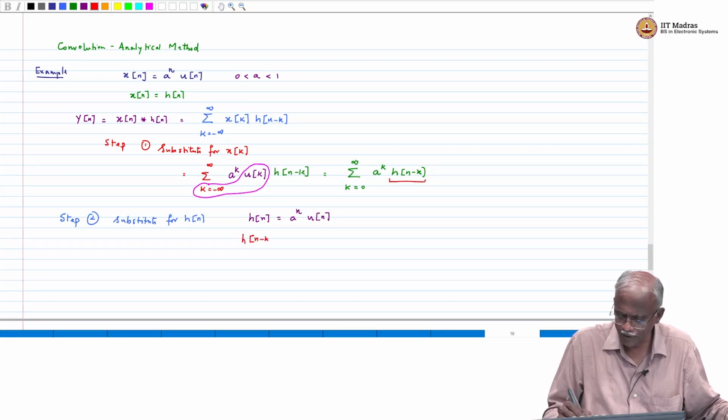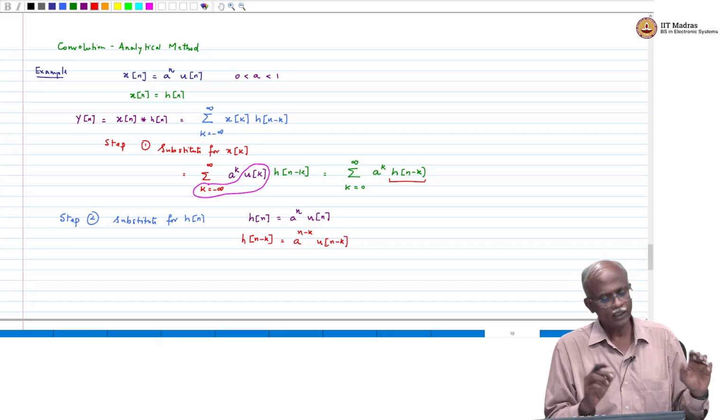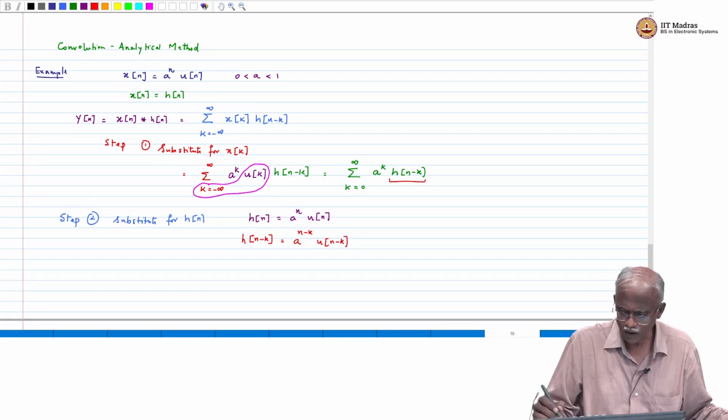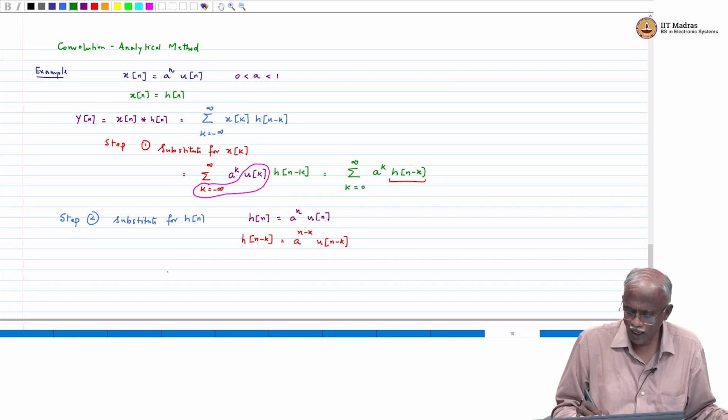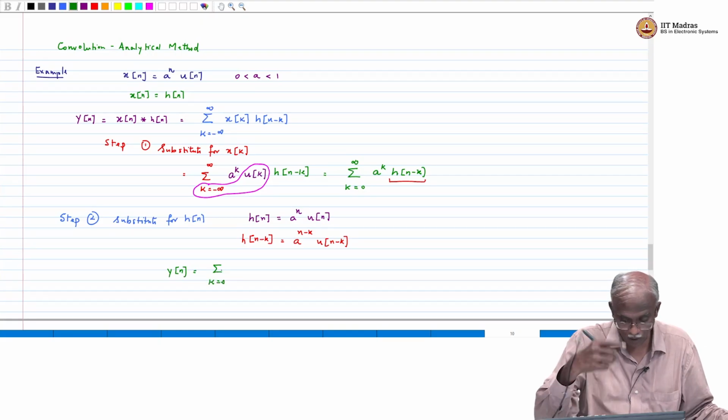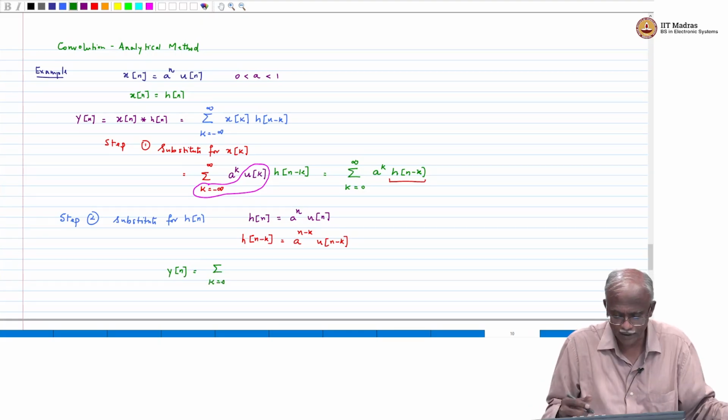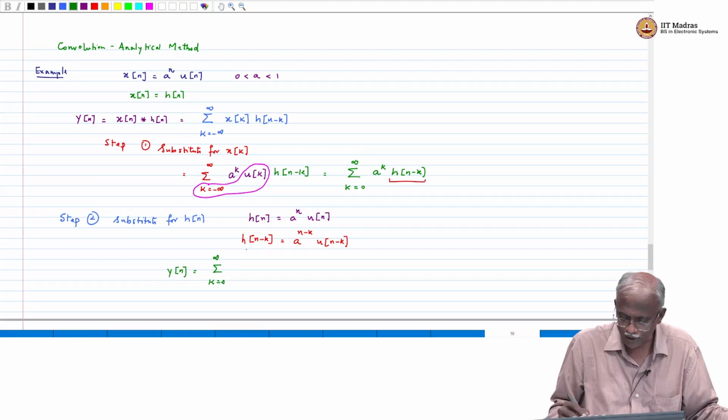So, h of n minus k will be a power n minus k u of n minus k. So, let us substitute here. So, y of n is equal to summation k equal to 0, because we already have changed the lower limit. Now, the upper limit goes up to infinity.